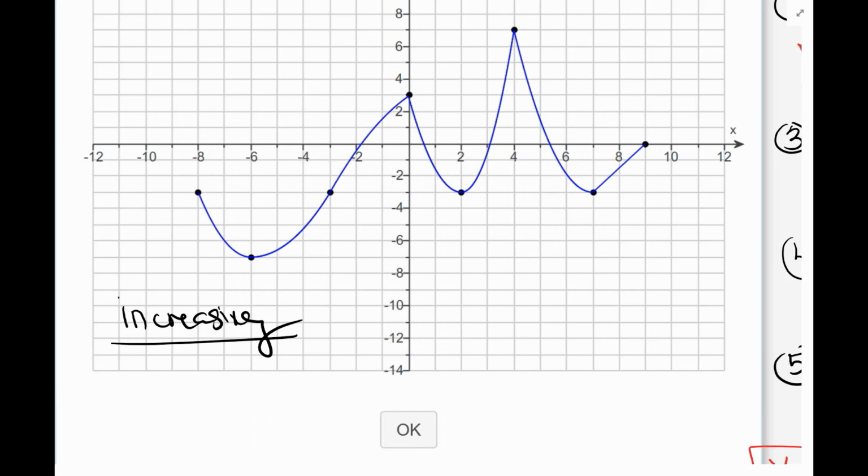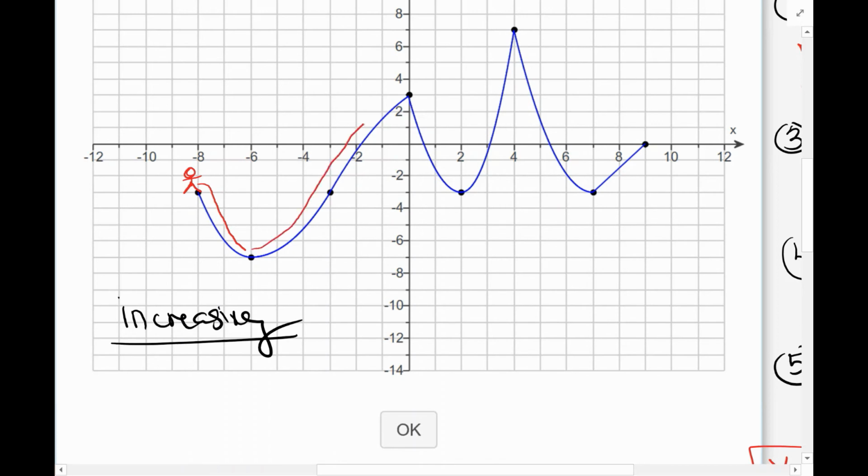I always tell my students it's kind of like riding a roller coaster. You start on the left-hand side. I'm going to draw a little stick man here. Let's say this stick man is on a roller coaster. So we start going down. This is going down the roller coaster. That's not what I want. But as I hit this point, I start going up the roller coaster.